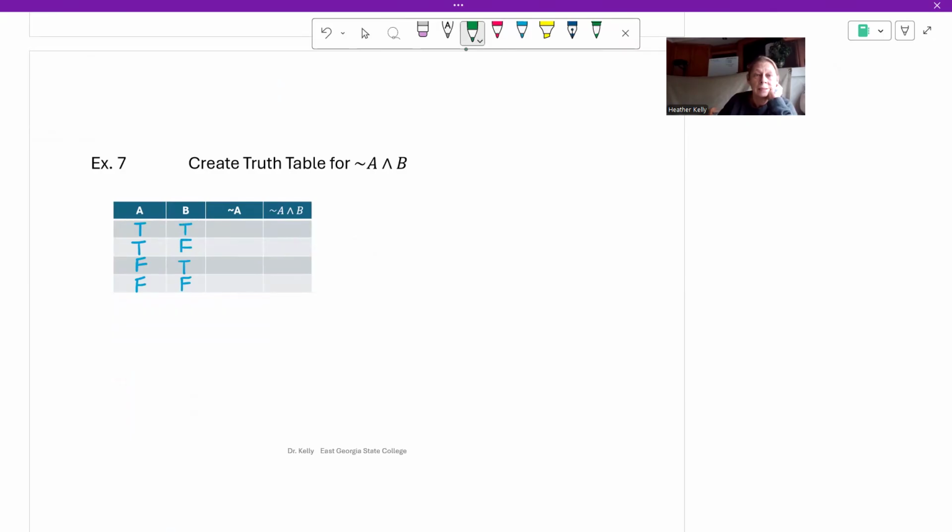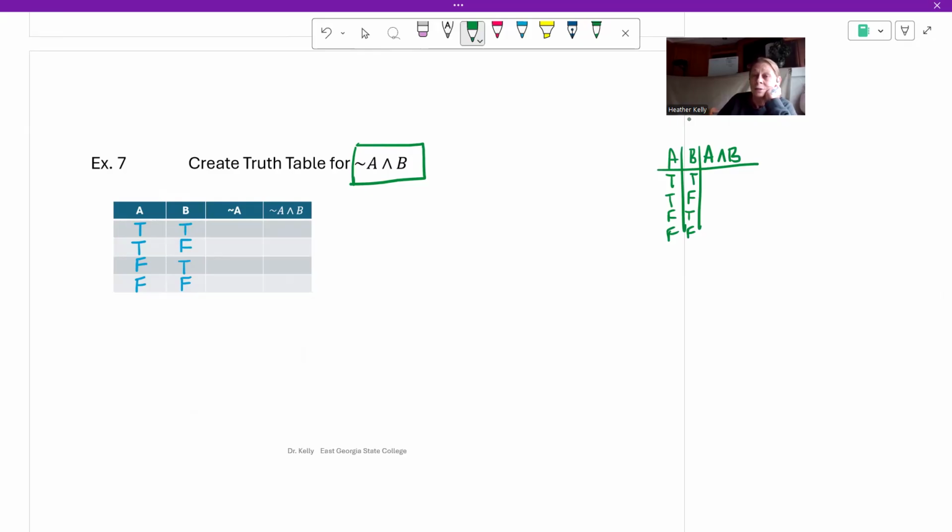Now this asks us to find not A and B. So let me just give us the really quick A and B: true, true, false, false, true, false, true, false.